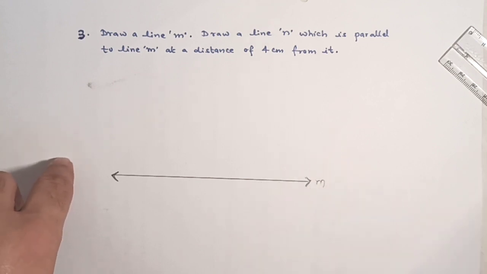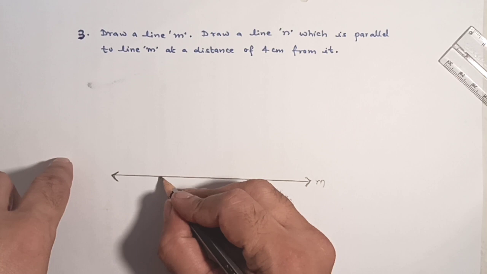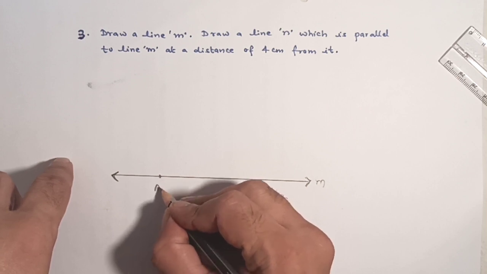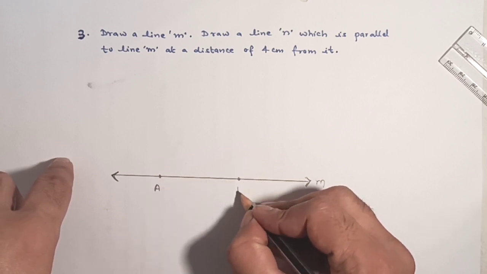So again, take 2 points on this line M, say A and say B.